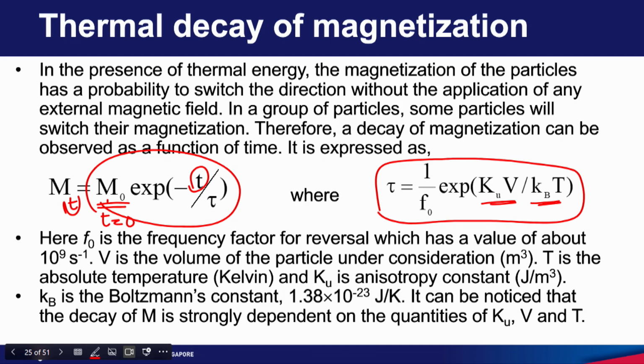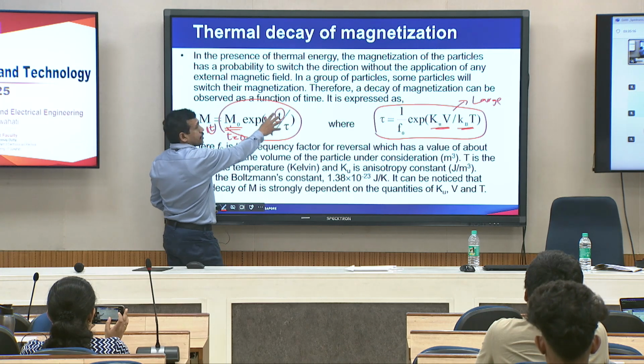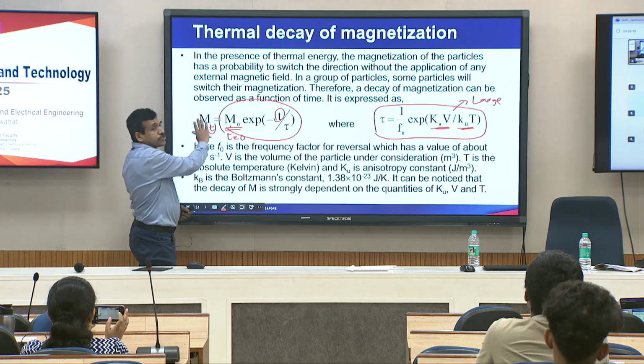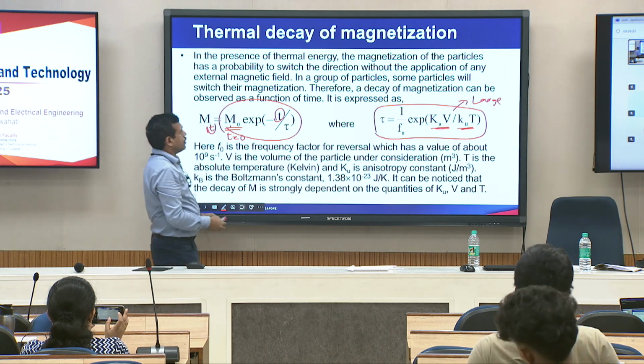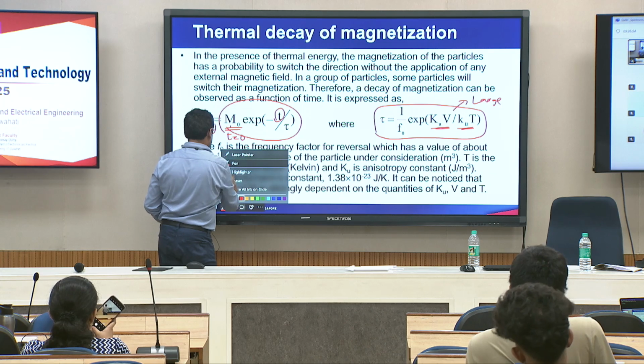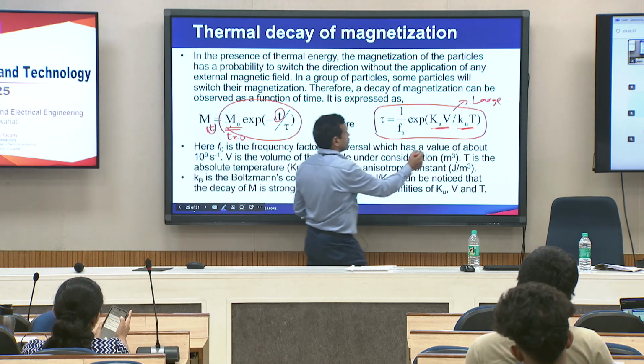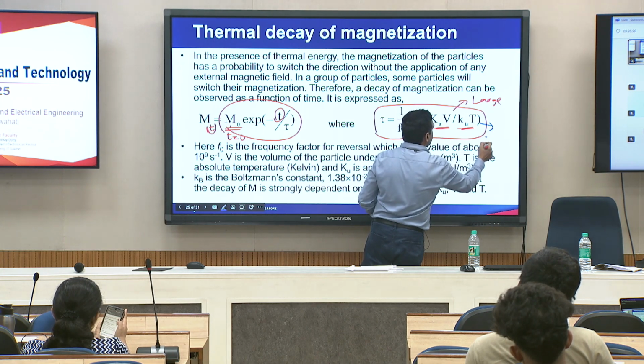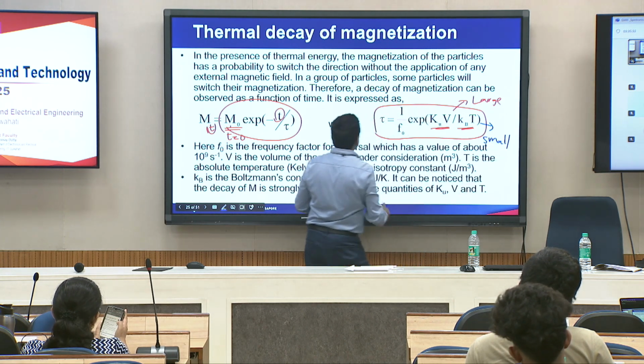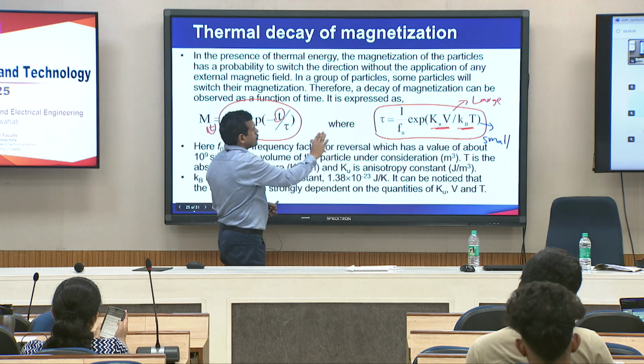So, if this ratio is large, this number is going to be large. So, if tau is large, this number is going to be small, then magnetization will not decrease much. Okay. On the other hand, if KUV by KBT is small, tau will be small.